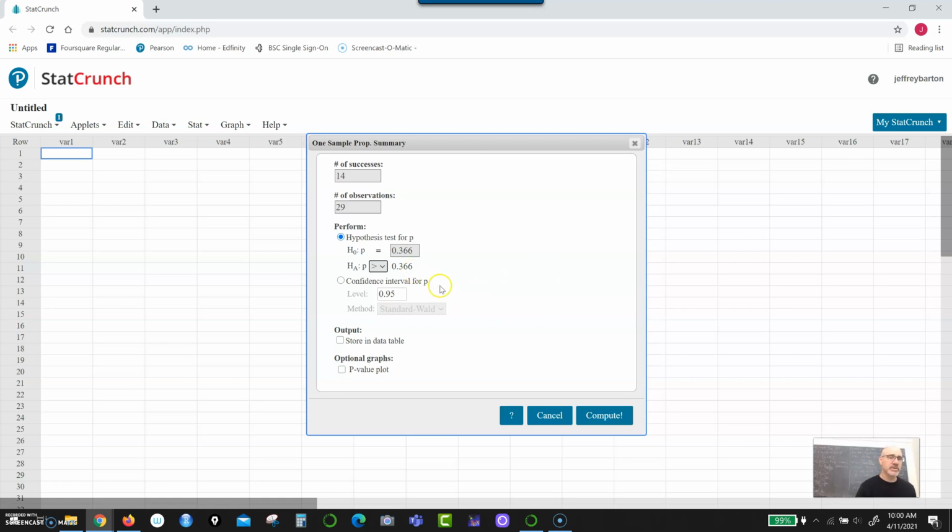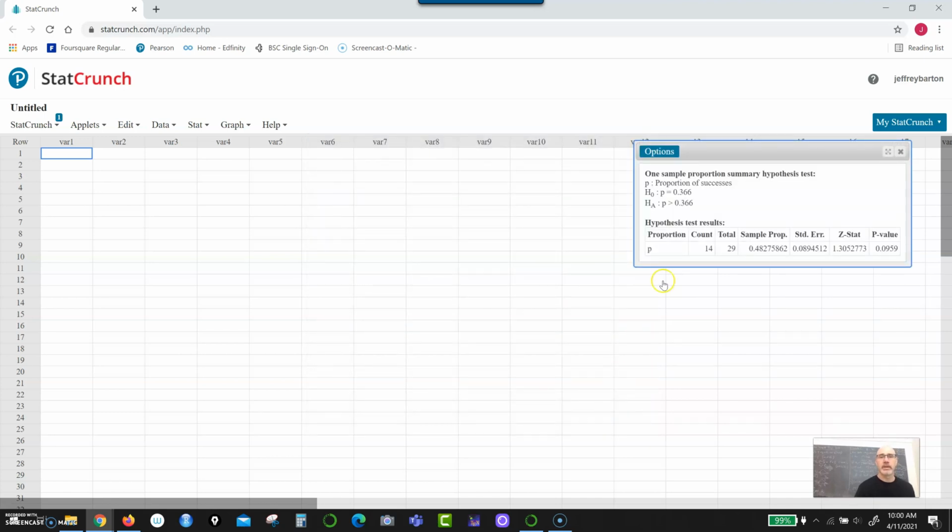We're not doing a confidence interval for p, but if you wanted to, you could click that and it would give you the confidence interval. So we just are going to run the test, hit compute, and here we see that it calculates the sample proportion for us, which was about 0.483, I had rounded. The standard error, which is the 0.089 I used a moment ago in the StatCrunch normal calculator.